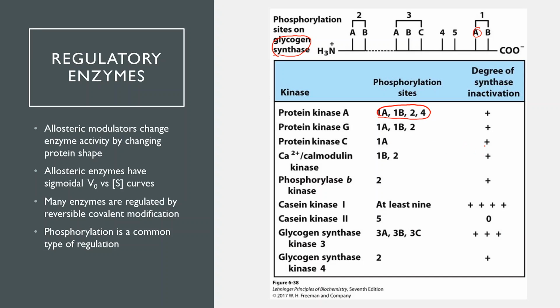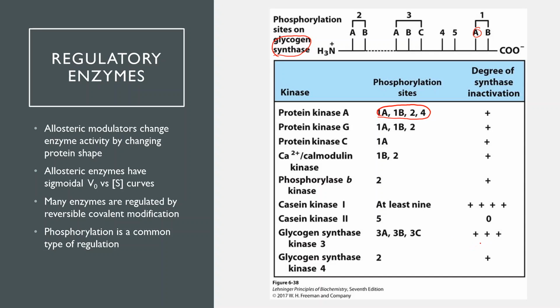And different phosphorylation sites have different effects on the protein. So over here you see degree of synthase inactivation. All these sites, when phosphorylated, reduce the activity of the enzyme, and some of them more than others. So again, casein kinase 1 has a much greater effect than all the rest of them, but then a very specific one called glycogen synthase kinase has a pretty large effect too.